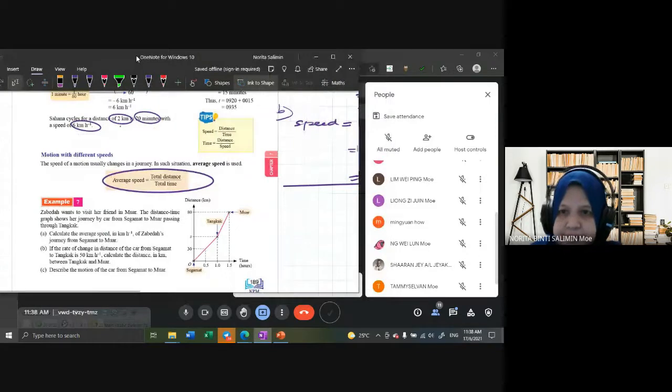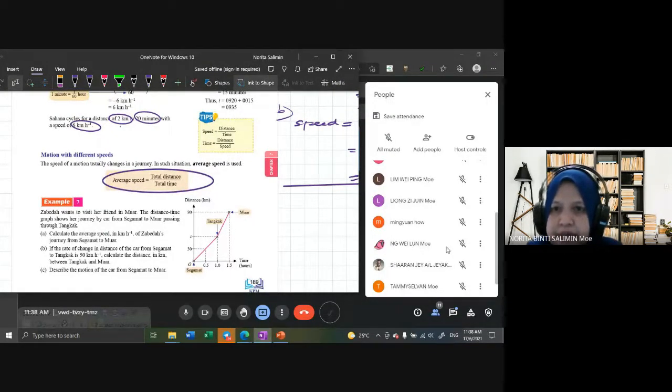Boleh on your mic? Ming, cannot. Eng Wei Lun, boleh on awak punya mic? Apa cikgu? Boleh. Okay, sekarang awak tolong baca cikgu example 7.